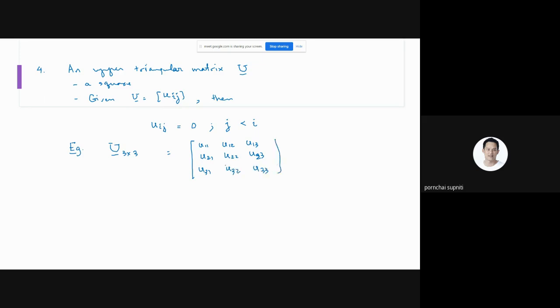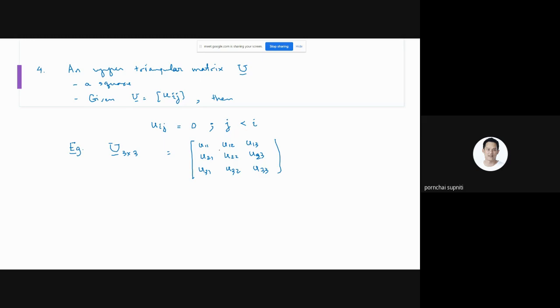So in this case, what are the values for Uij where j is less than i, meaning that the column index is less than the row index?